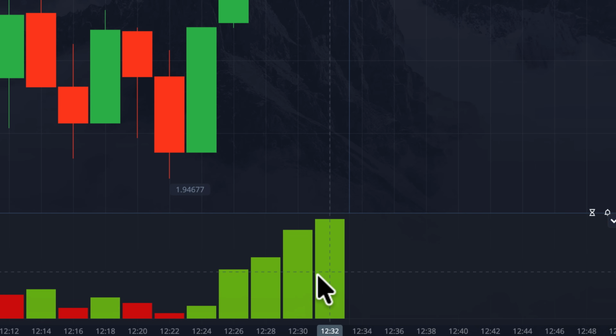Whatever the color of the bar is, that's going to be the direction on which we take the trade. If the color of the bar is green after the first 1 minute of a 2 minute candle, we buy. If it's red after the first 1 minute of a 2 minute candle, we sell.